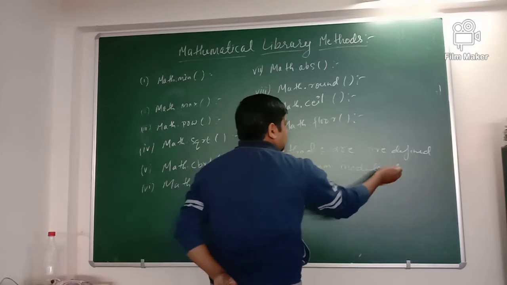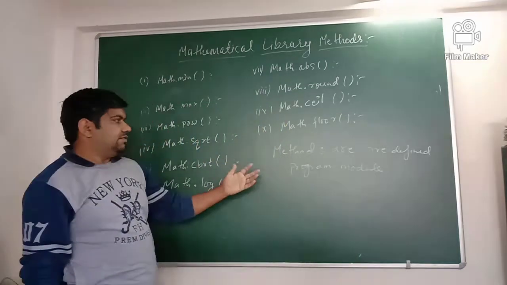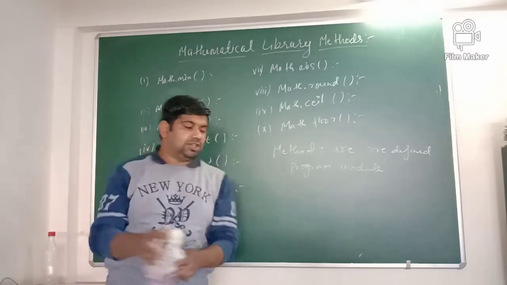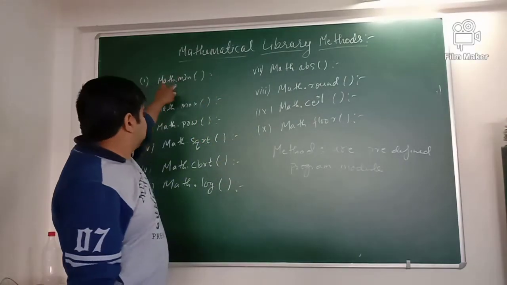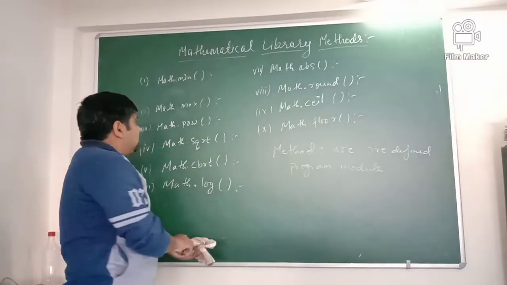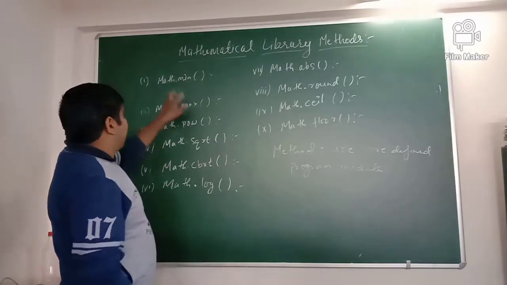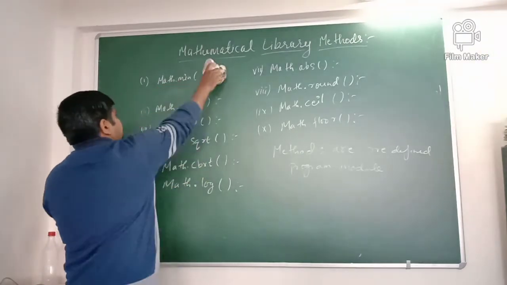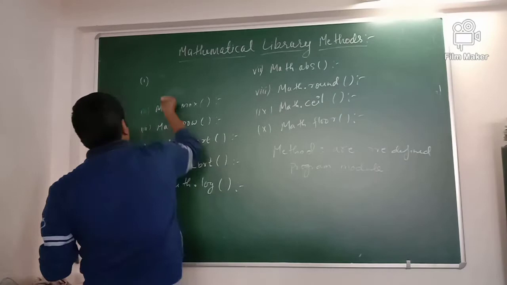It is already defined inside the library of the computer system, so it's not a big deal. We just need to know how to use these functions. There are different types of functions. The first function we are going to discuss is Math.min.